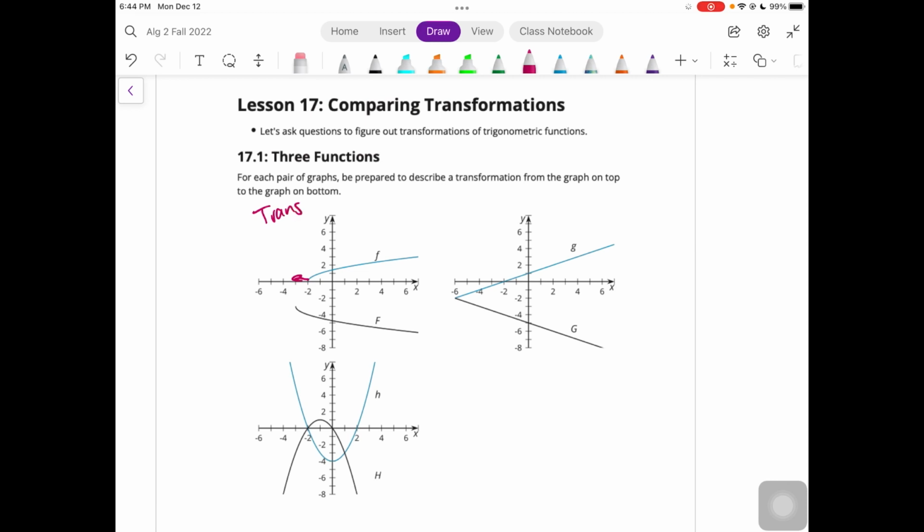So translate left 1 unit, and then we reflected over the x-axis. And then we translated down 3 units.